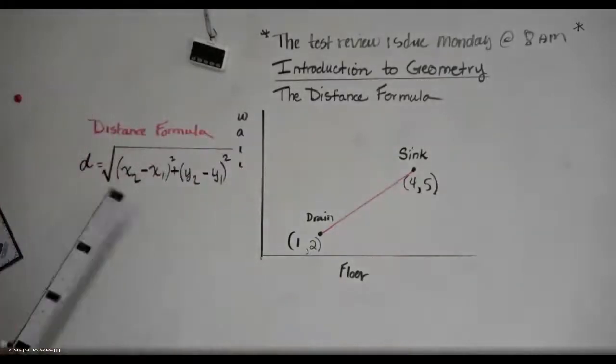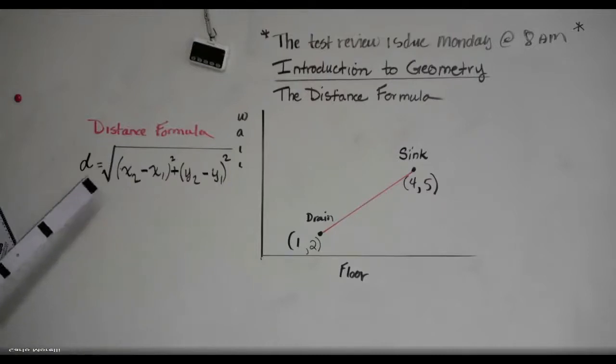There. That's the formula. It looks complicated, so I want to make sure that by the end of today, you can create this formula even if you can't remember it. But for now, let's just write it down and plug in our numbers and see what we get. Okay.